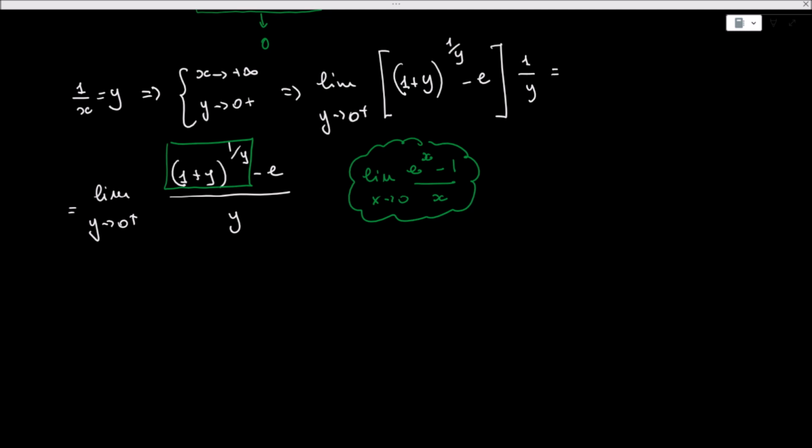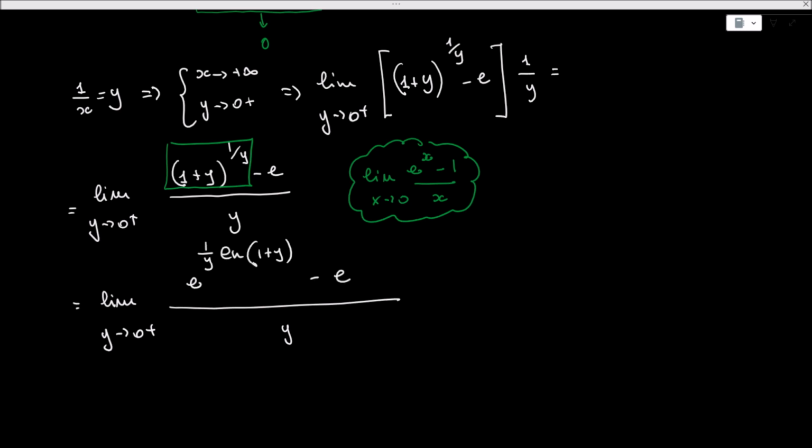Let's see what we get. We have now the limit as y goes to 0 plus of, well, we always have y at the denominator, right? And we can rewrite this as e raised to the 1 over y logarithm of 1 plus y, minus e.